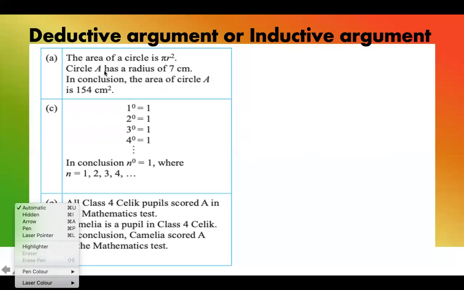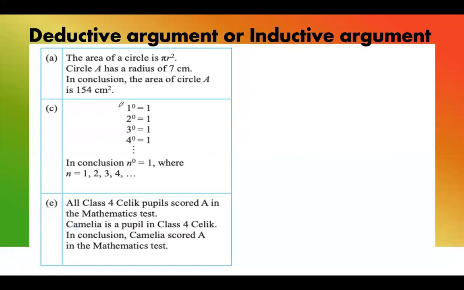Circle A has a radius of 7 centimeters. This is also called a premise. But then in conclusion, the area of circle A is 154 centimeters square. So this is premise one, and the conclusion is the area of circle A is 154 centimeters square.